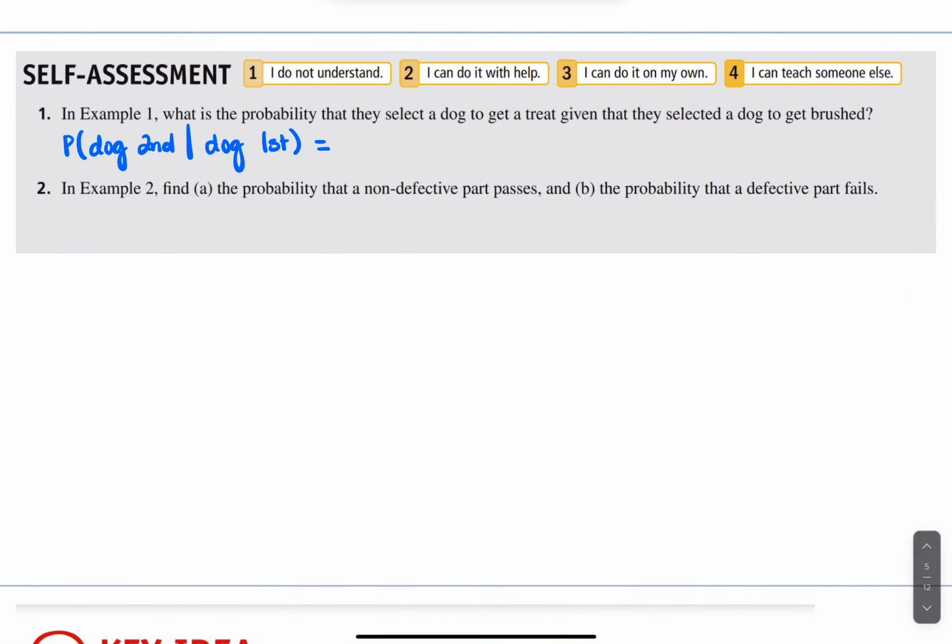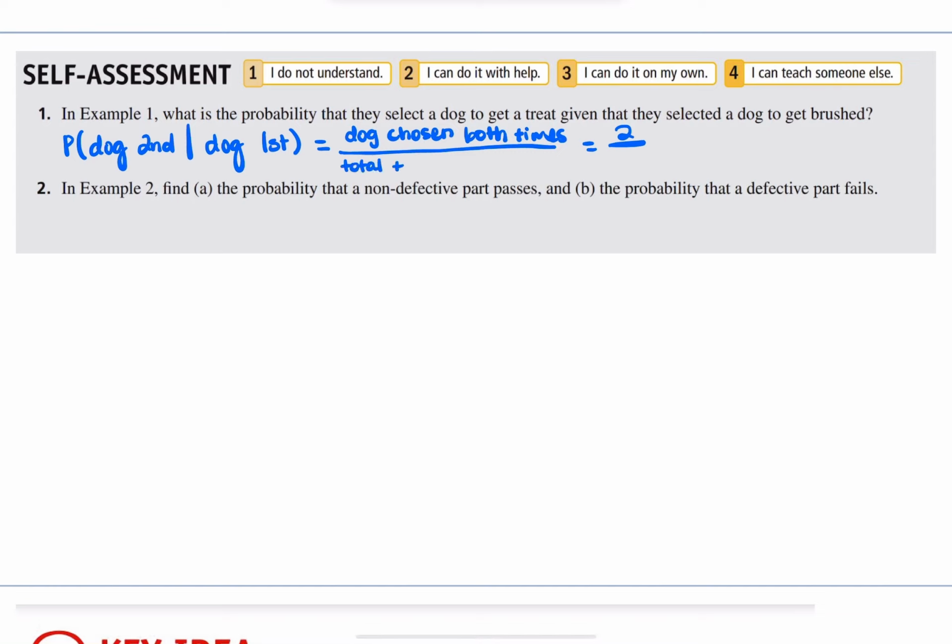So there's 2 where we have a dog chosen both times, over the total times a dog was chosen first.